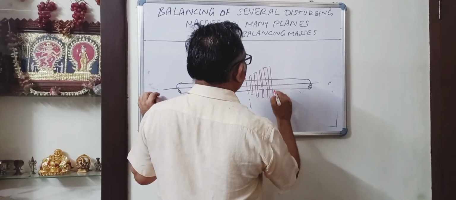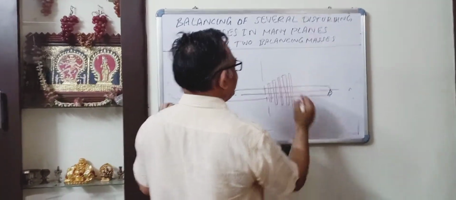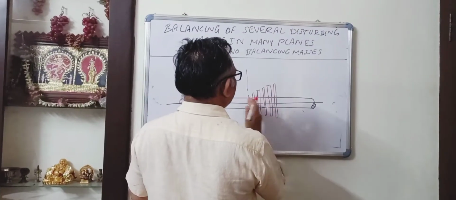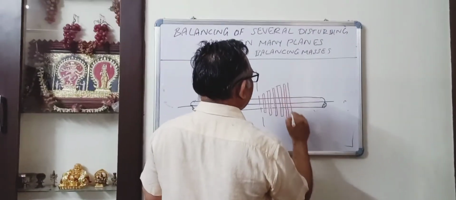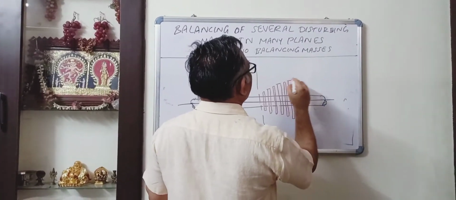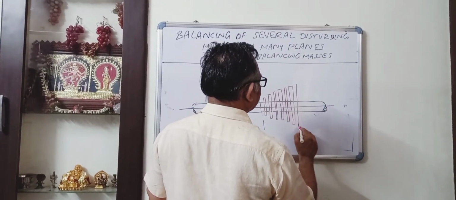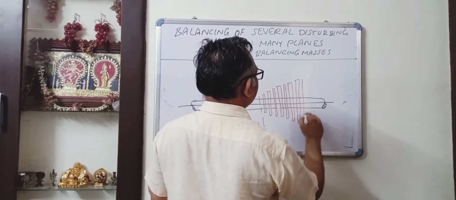Actually, it will be going on increasing like this. Rotor blade diameter will be going on increasing as it goes away from the center. These will be intermediate stages, right? And finally, there will be diffuser stages, right? Diffuser blades.